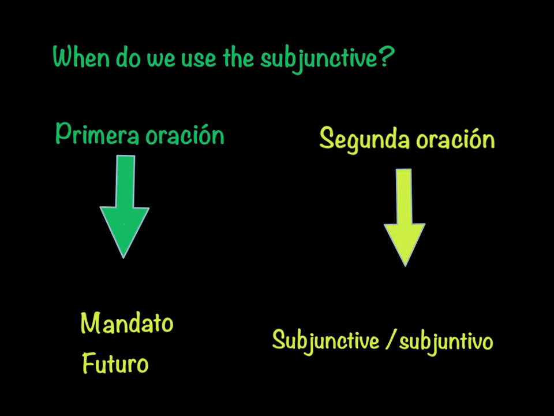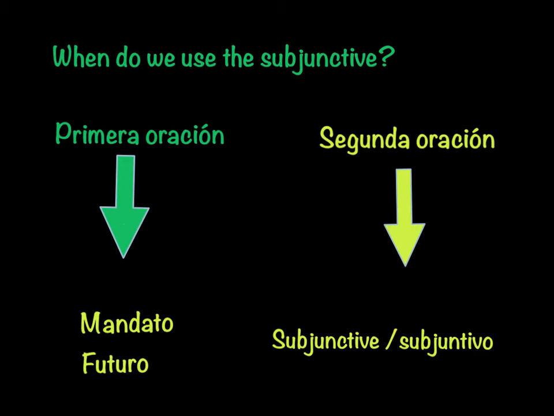Now, I know we have not studied yet, or maybe you haven't studied yet, the future tense, but there is a way of speaking about the future that is not exactly the future tense, and that is the verb ir accompanied by the infinitive, like voy a la universidad, voy a viajar, van a estudiar.